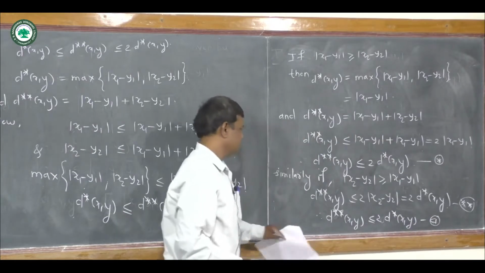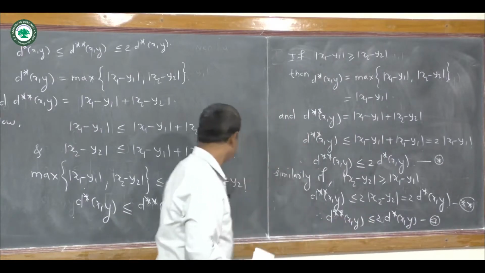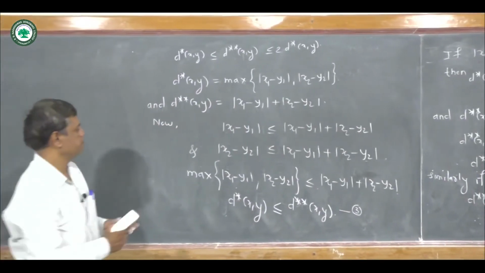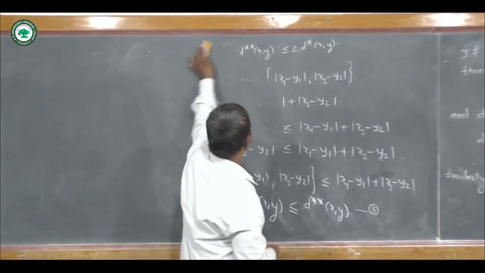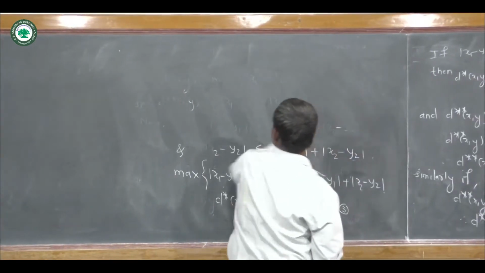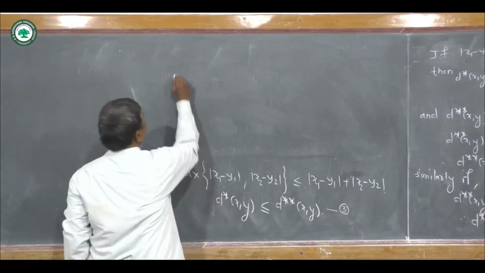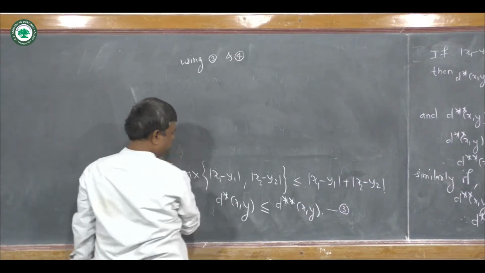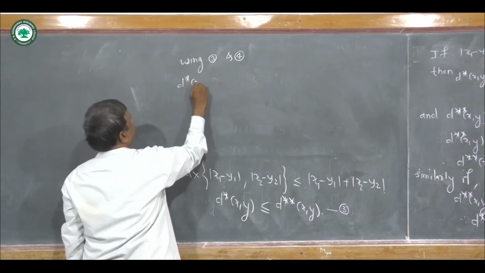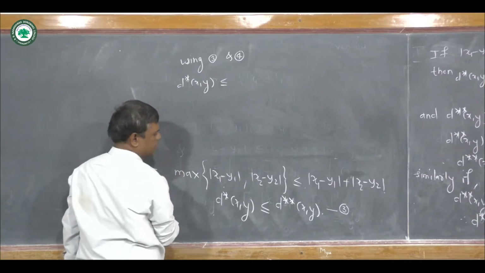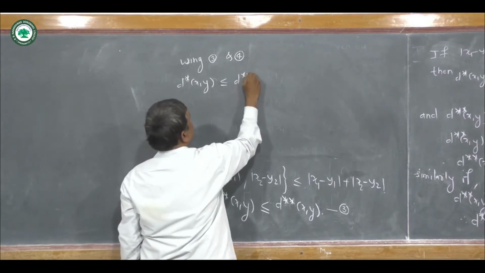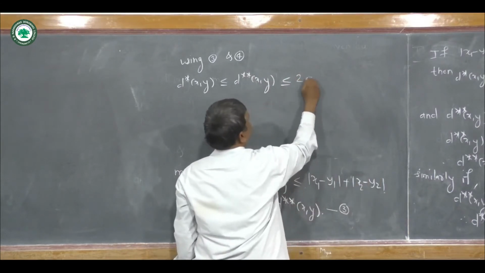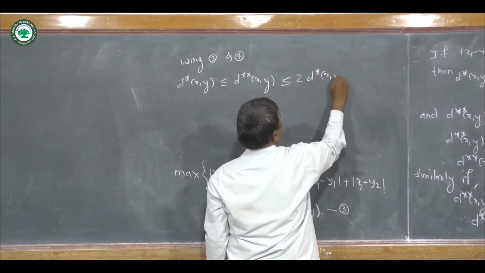This is an inequality here. So using 3 and 4, we write d star of x comma y is less than or equal to d star star of x comma y, and again this is less than or equal to twice d star of x comma y.